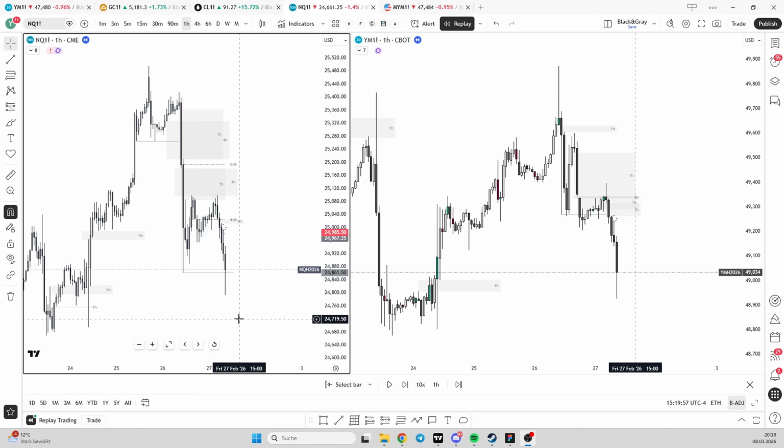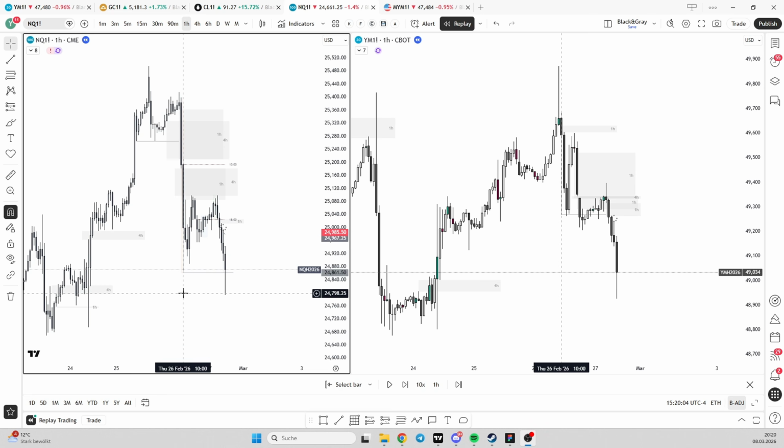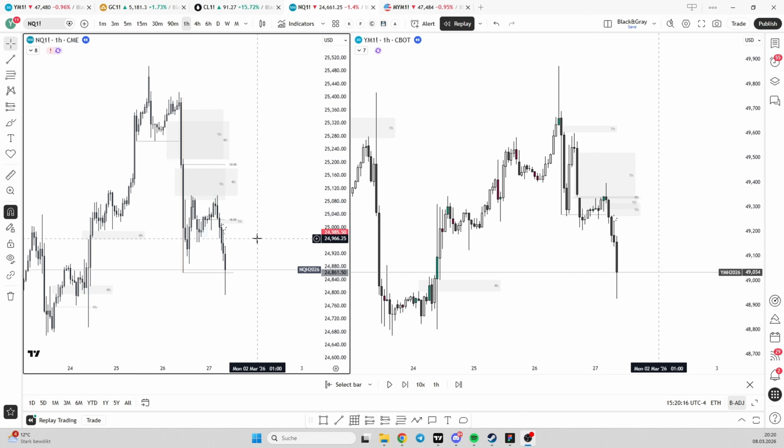Here we have another strength switch example for a continuation trade. As you can see, this low was taken by YM a while ago. On NQ we were above it, so NQ was the stronger one, YM was the weaker pair. So we wait for a strength switch.